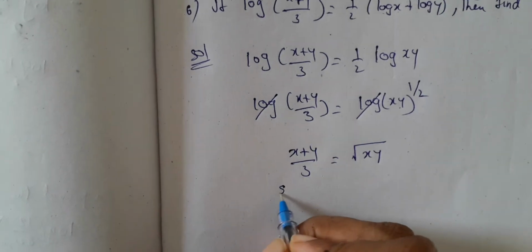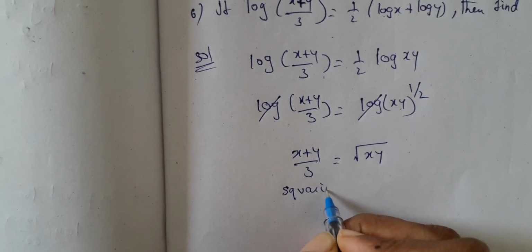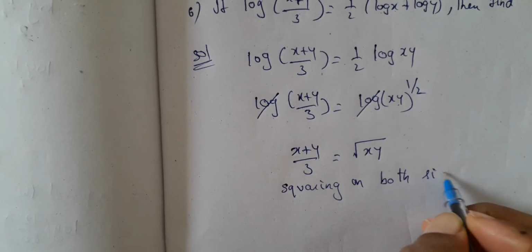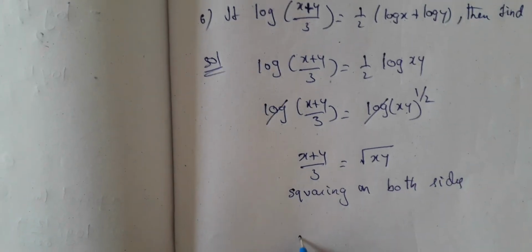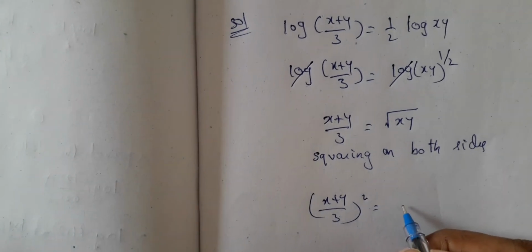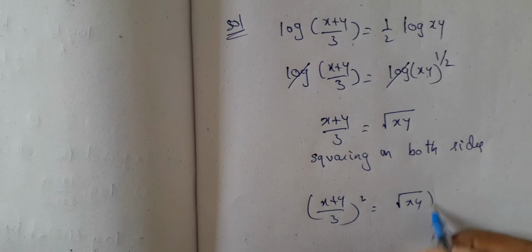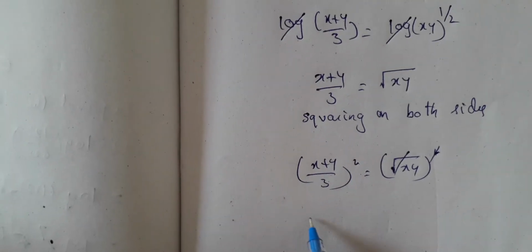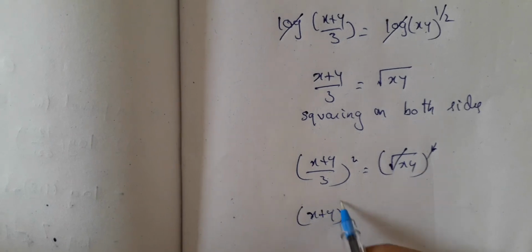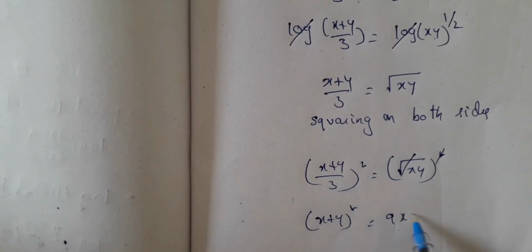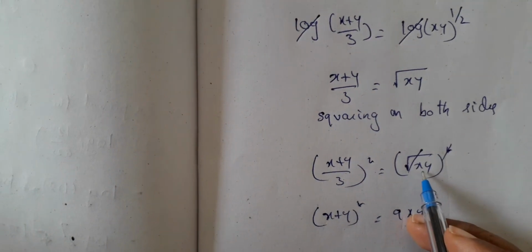Now squaring on both sides. So you will get ((x plus y) by 3) whole square is equal to (root xy) whole square. Square and root will get cancelled. So (x plus y) whole square is equal to, transposing 3 square, which is 9, 9xy. You are left with only xy here.